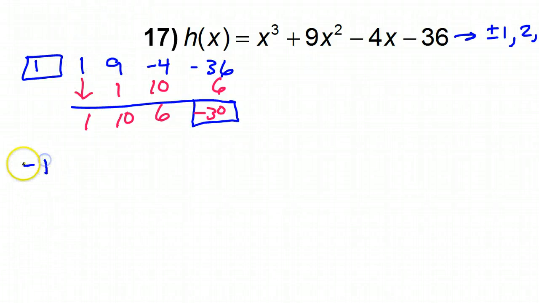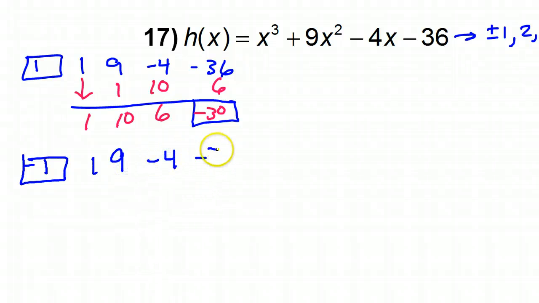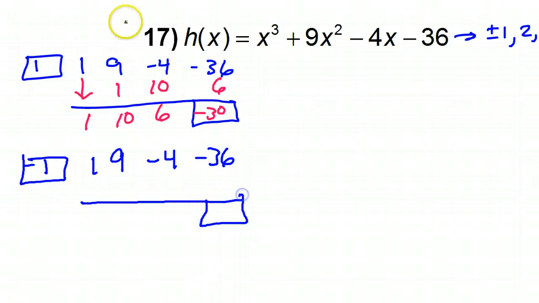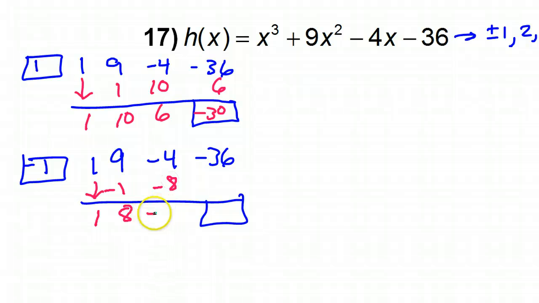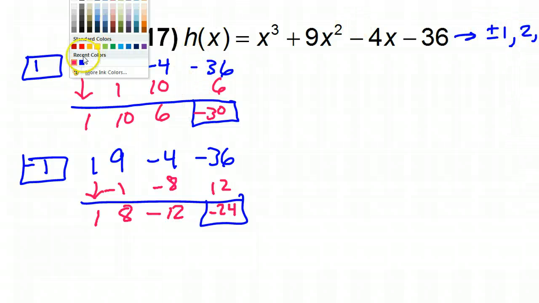All right, let's try negative 1. So that's negative 1. That's 8. That's negative 8. That's negative 12. That's positive 12. All right, that is negative 24. Another fail.